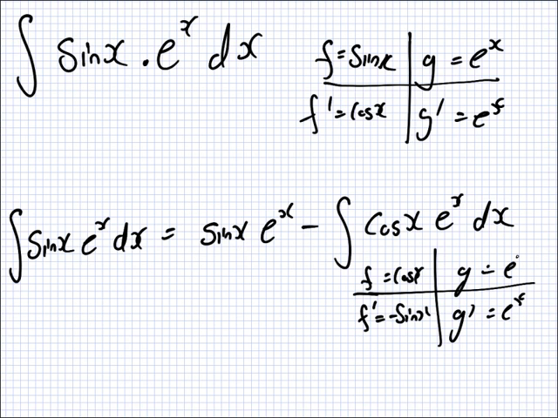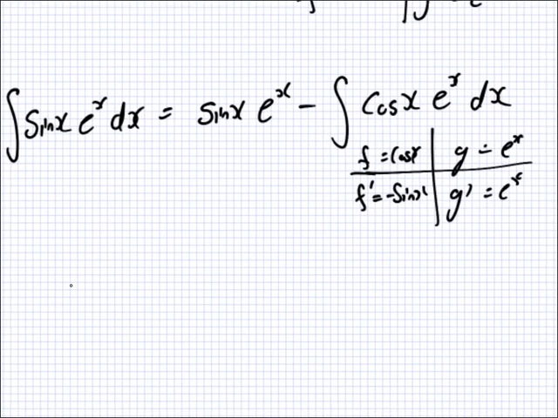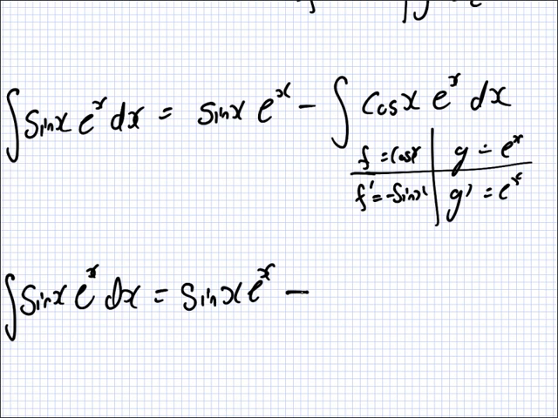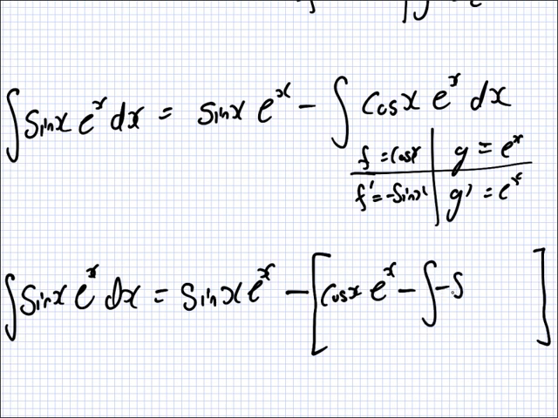So integrating sine x e^x dx simplifies to sine x e^x minus, now we have to be careful here, so I'll use brackets, minus F G minus integrate F derivative, which is minus G. Now let's just open this bracket.